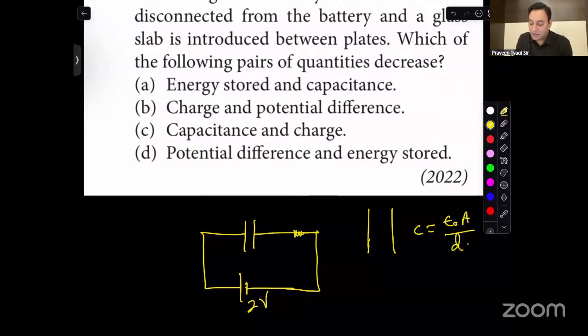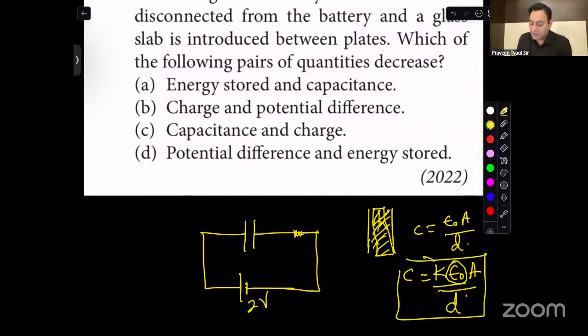It doesn't depend on Q and V. If you bring a dielectric slab inside a capacitor, and fill the whole material with K dielectric constant, then the capacitance will become K epsilon naught A upon d. So instead of epsilon, it becomes K epsilon. K is the dielectric constant, and its value is greater than 1.